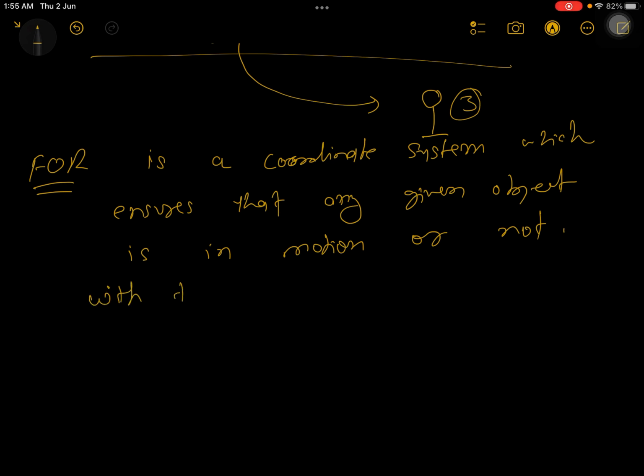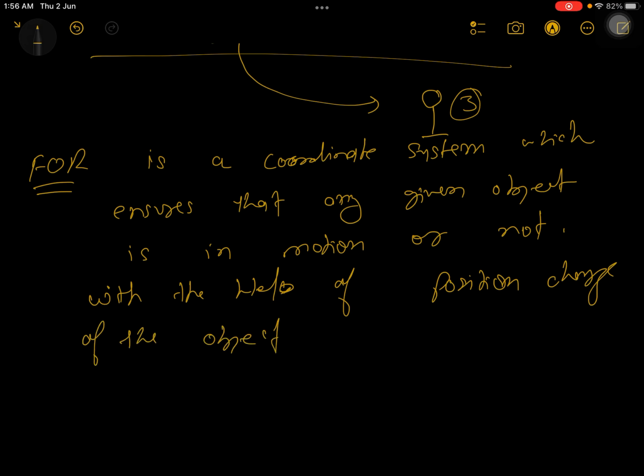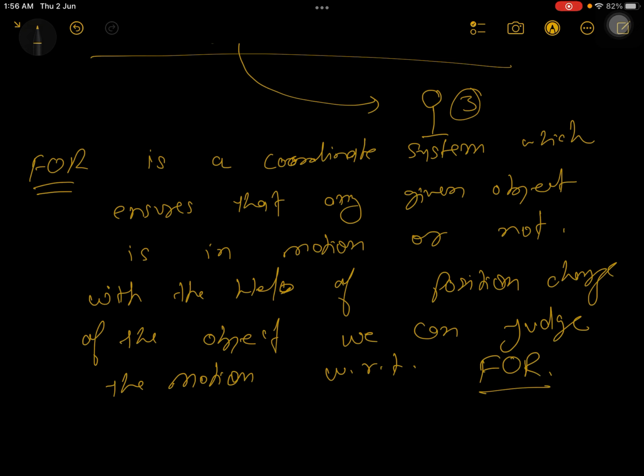With the help of position change of the object, we can judge the motion with respect to frame of reference.